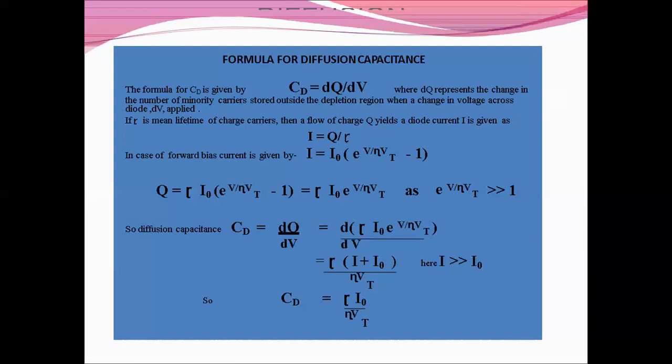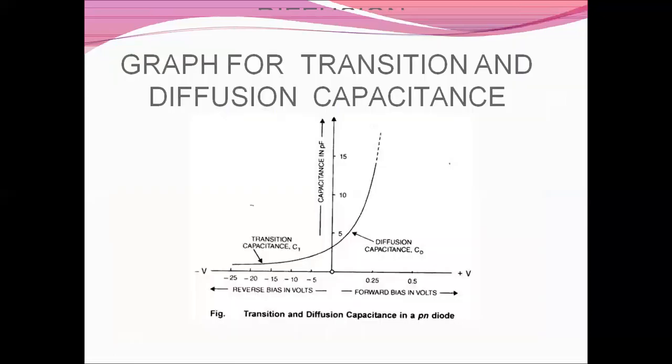If you differentiate with respect to the voltage, you will get only tau into (I plus I naught) divided by eta into Vt. Here you consider the I value very high compared to I naught, so you omit the I value and consider only I naught. Therefore, finally you will get the C_D value as tau into I naught divided by eta into Vt.